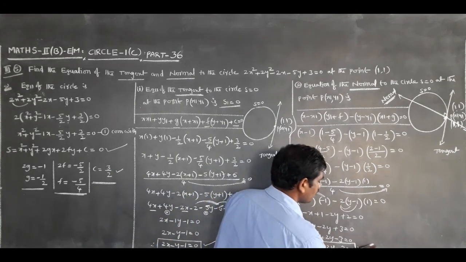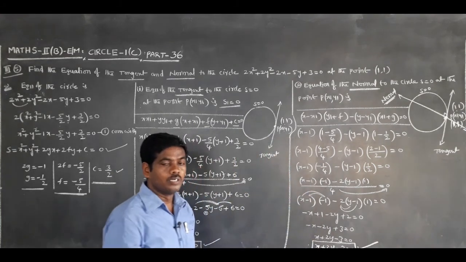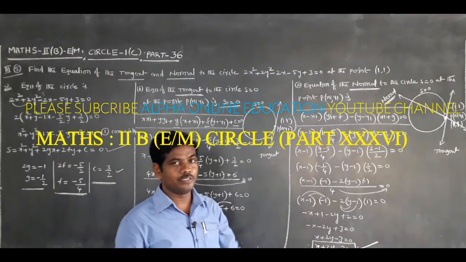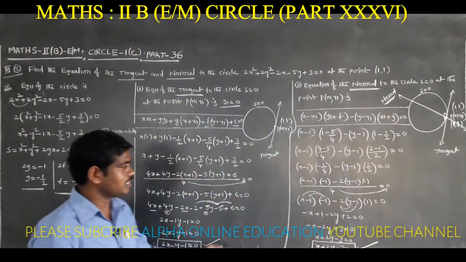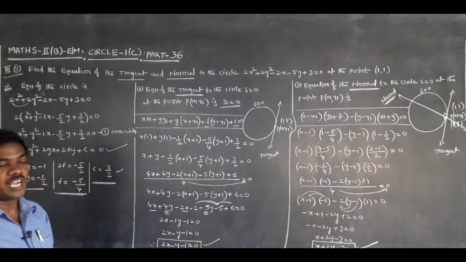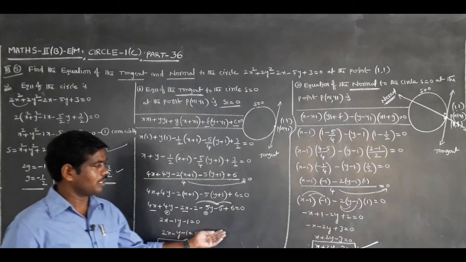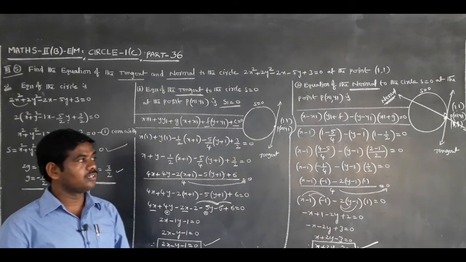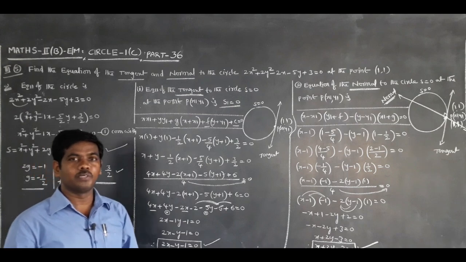This is the equation of the normal to the circle S is equal to 0 at the point P(x1, y1). This is the process for finding the equations of tangent and normal to the circle S is equal to 0 at the point P(x1, y1).